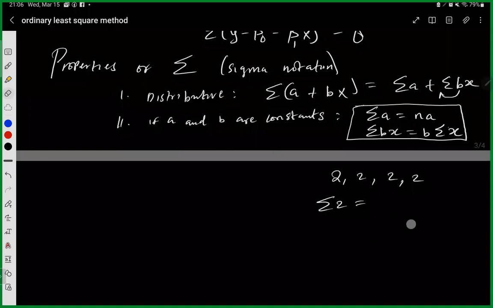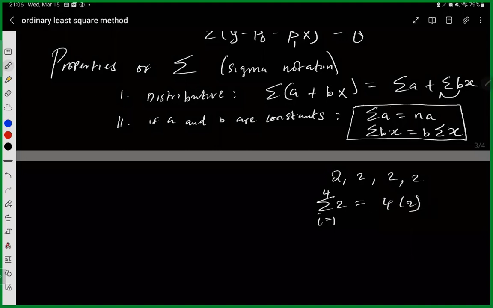One thing you can see here is that i runs from 1 to 4, 4 being the number of observations, which is 4 times 2.